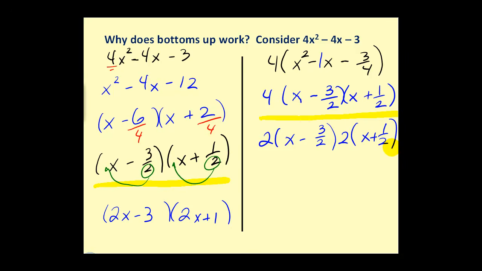And what we'll notice, if I decided to distribute this 2 into the binomial factor, we would have 2x minus 3, and the second binomial factor would be 2x plus 1. So when we move this denominator up into the coefficient of x, it has the same effect as multiplying by 2, as you can see here.